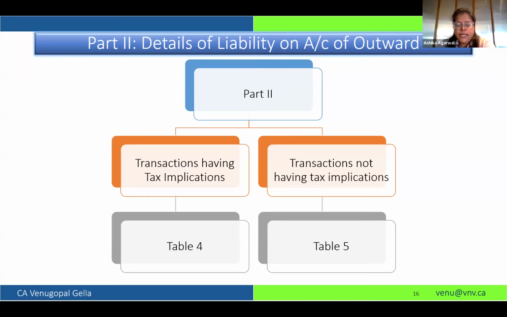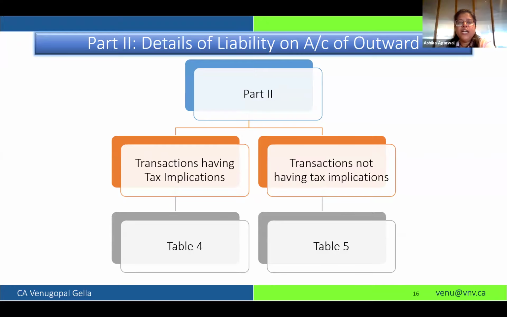Now, GSTR 9, we discussed, has 6 parts. Now, part 2 of GSTR 9 deals with outward liability reporting. This part 2 has been further divided into 2 tables, table 4 and table 5. What is the purpose of this division?